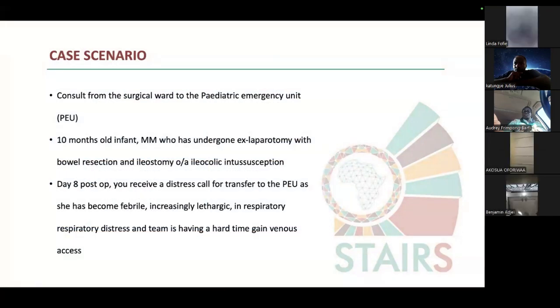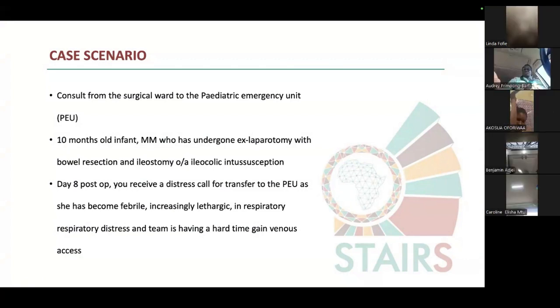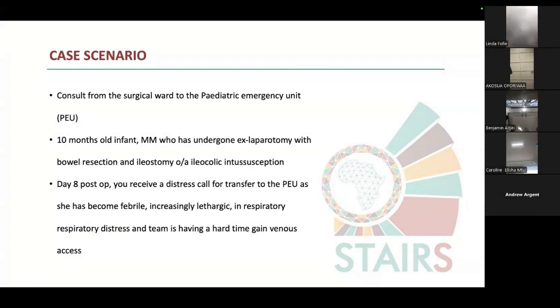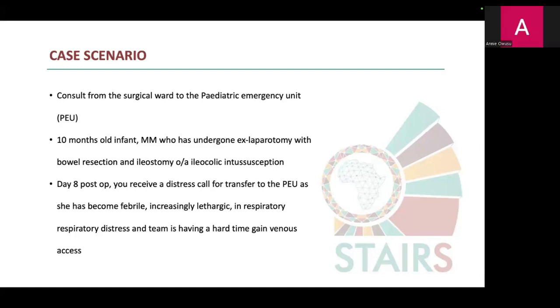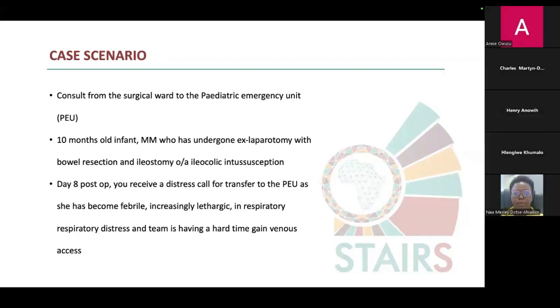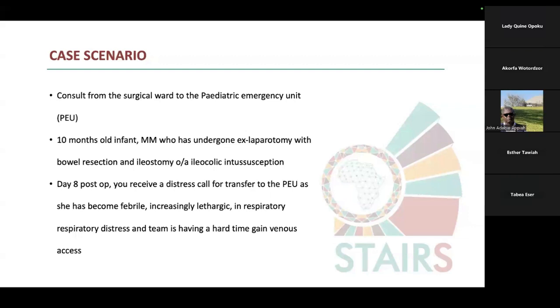So I'll begin with a case. You receive a consult from the surgical ward and you are the resident doctor in the pediatric emergency unit. So I would use PEU from now onwards. There's a 10-month-old infant, MM, who has undergone exploratory laparotomy with bowel resection and ileostomy on account of ileocolic intussusception.